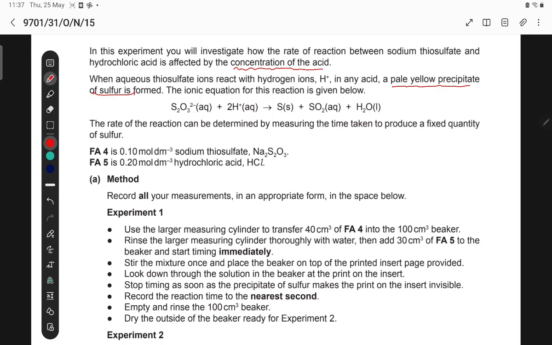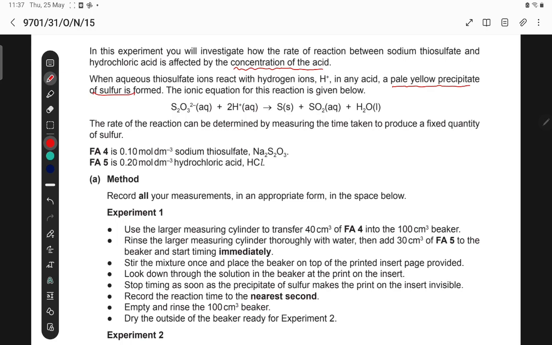And you know that concentration is one of the factors which affect the rate of reaction. By increasing concentration, the rate of reaction is increased as particles become crowded and have more frequent collisions per unit time. So in this experiment we will observe how concentration affects the rate of reaction.